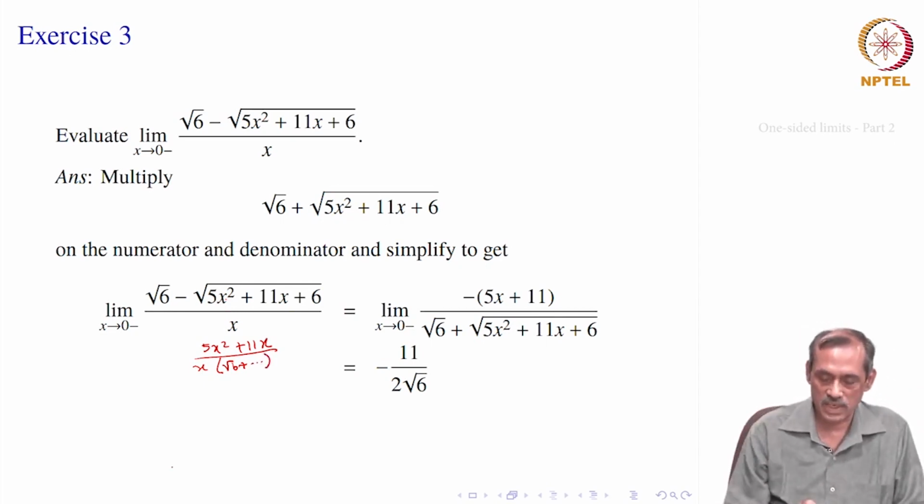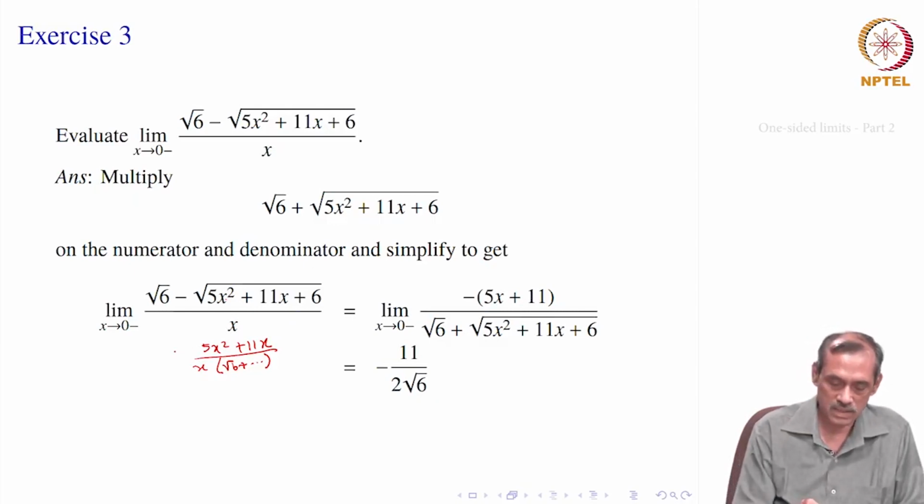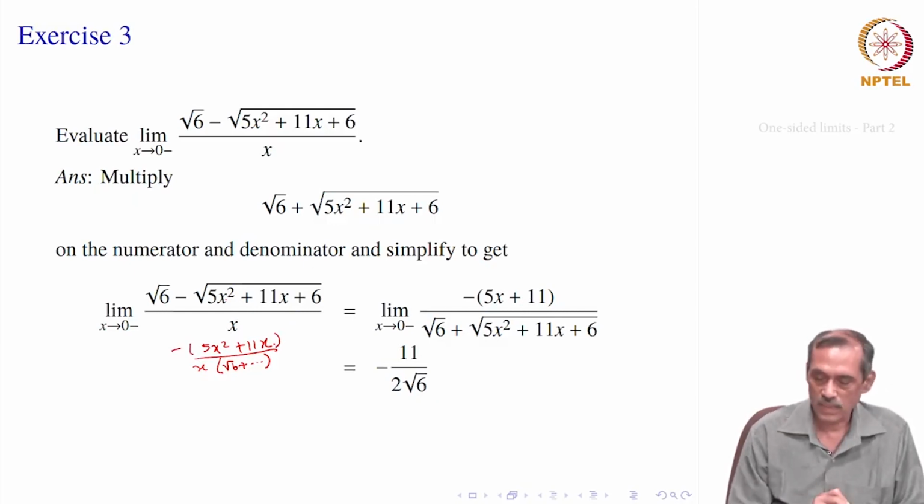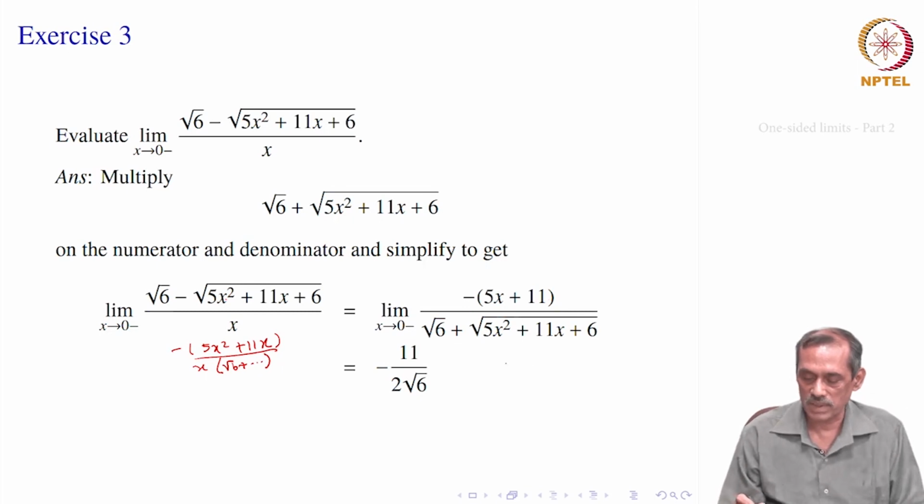Now, x gets cancelled. So, you get 5x plus 11 here, of course, the minus sign remains. So, it is minus of 5x plus 11 divided by square root of 6 plus this expression.